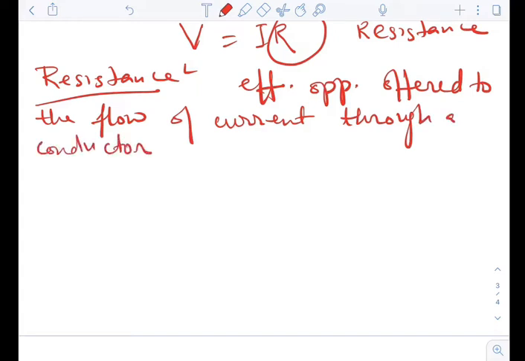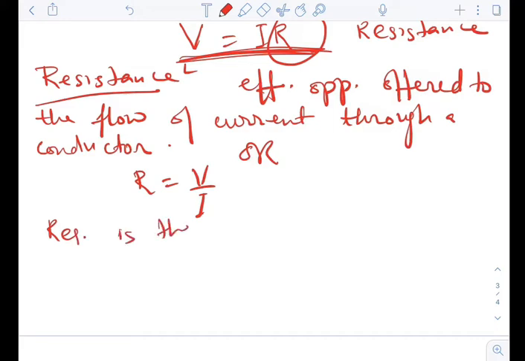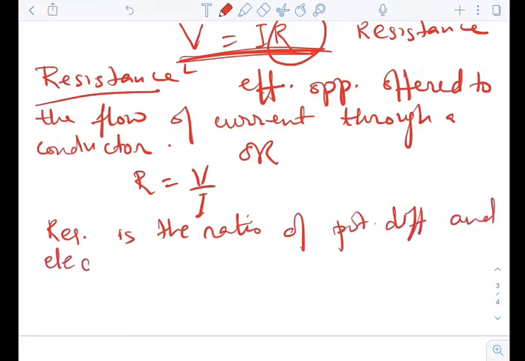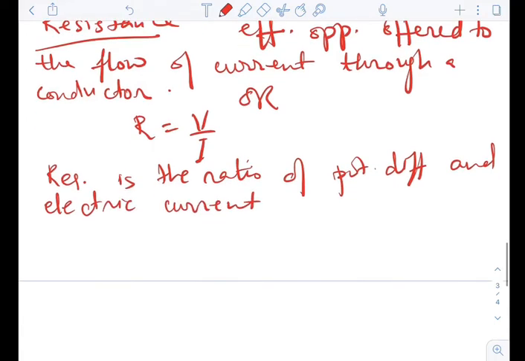So from this definition, from this formula, we can say that R is equal to V by I, or resistance is the ratio of potential difference and electric current. The unit of resistance is ohm, and it is denoted by this symbol.